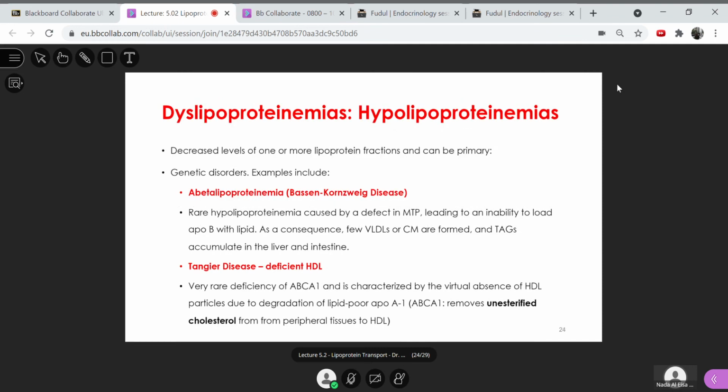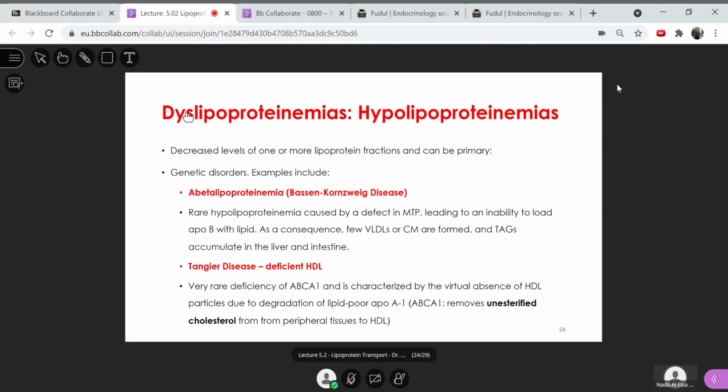These are extra bits just to give you a feel of the clinical relevance of these lipoproteins: lipoproteinemias, medical clinical conditions that are due to defects in these lipoproteins. We'll have a total of 5 examples, just briefly. In general, this class of diseases or defects is called dyslipoproteinemia.